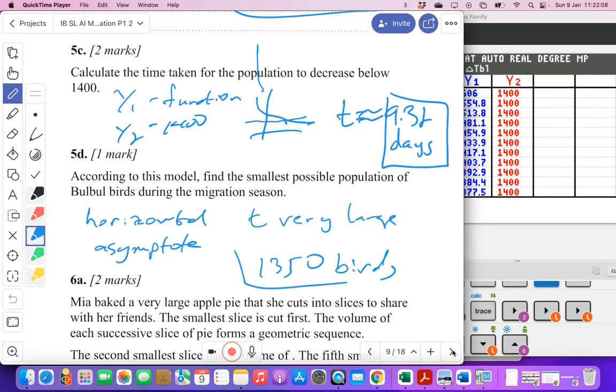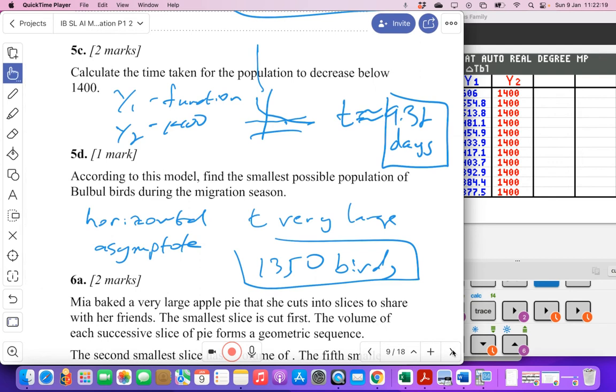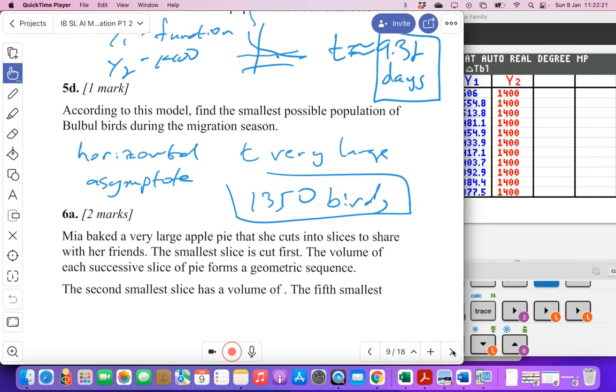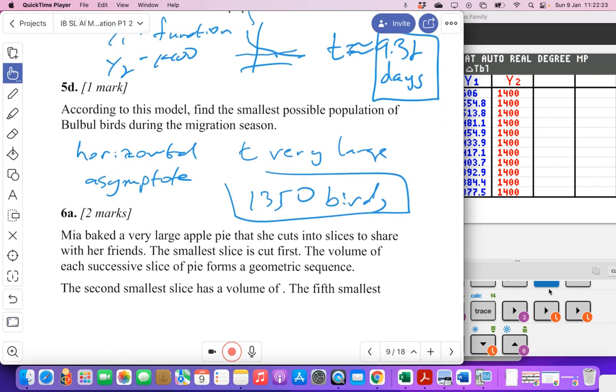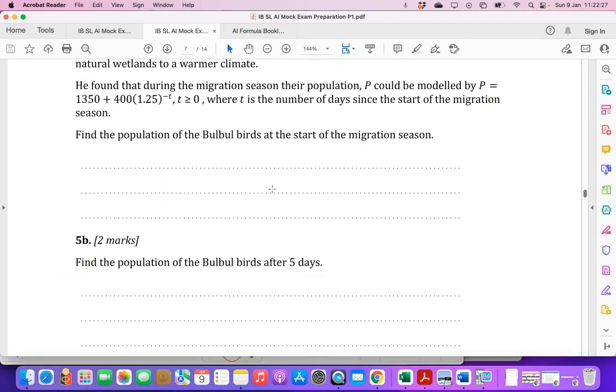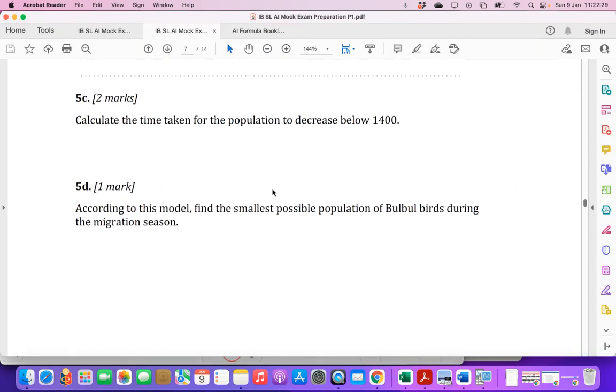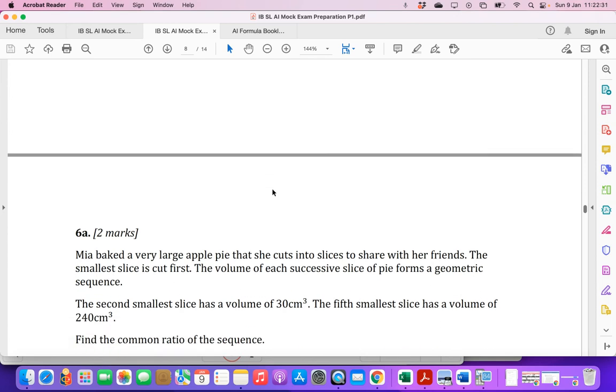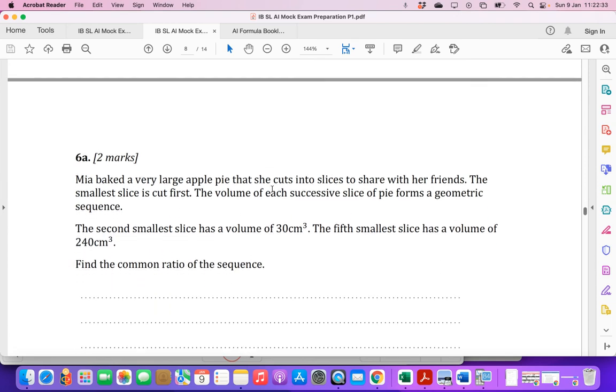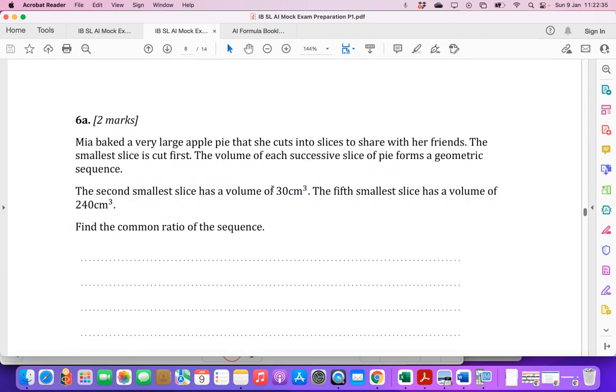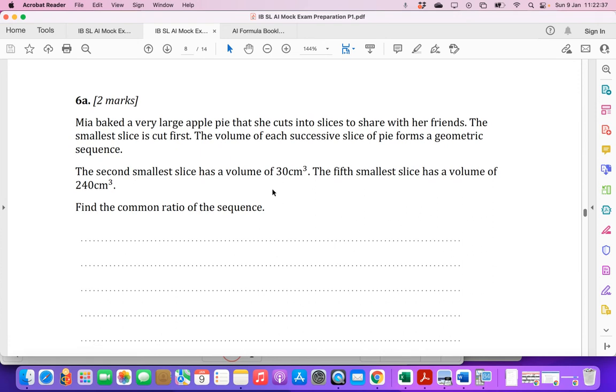Okay, next question. Mia baked a large apple pie to give to her friends. So it's a very flat cylinder, and it's given some missing data here on my file. Okay, so we're given a sequence here.